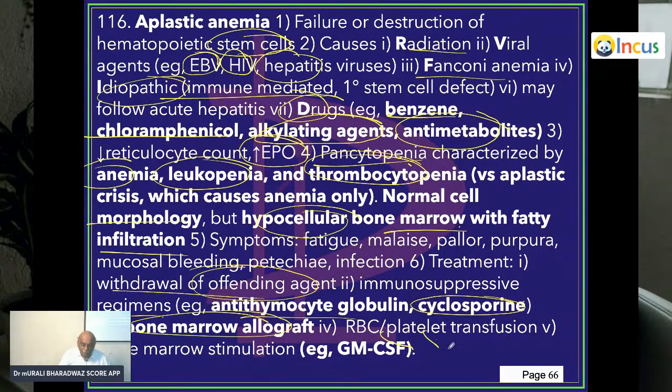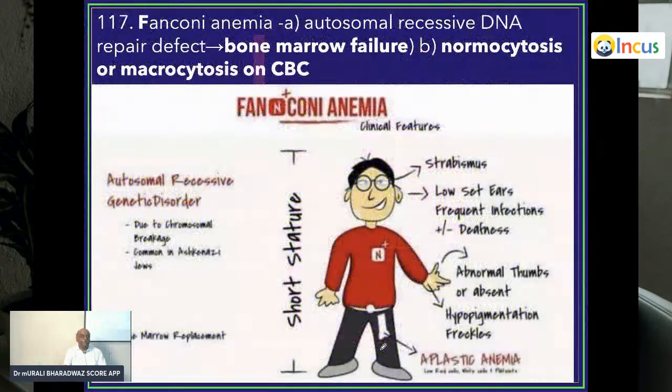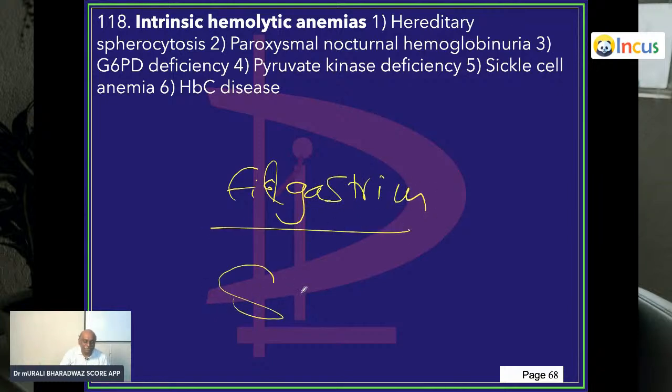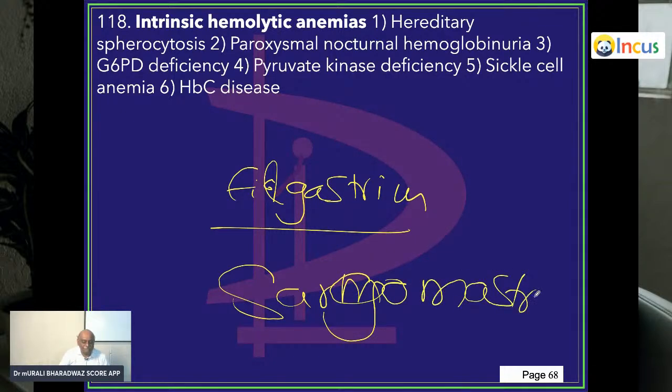You need to give RBC and platelet transfusion. And you can give, now I'm going to tell 2 words. Filgrastim, sargramostim.